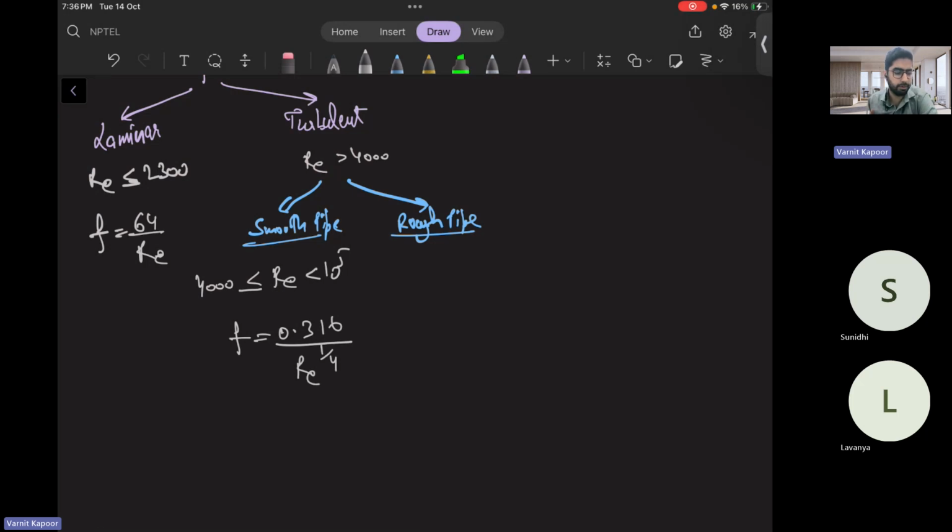These are relations you just have to remember. For a rough pipe, the friction factor scenario is 1 by root of F is nothing but 1.74 plus 2 log to the base 10 of R by K, where R is your pipe radius.